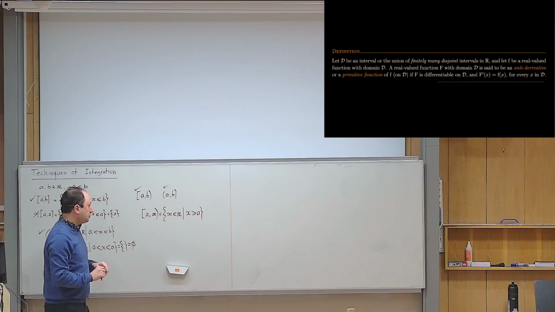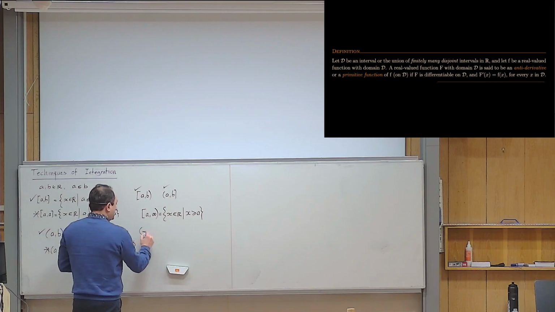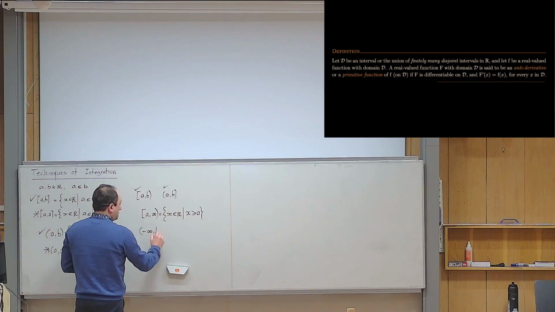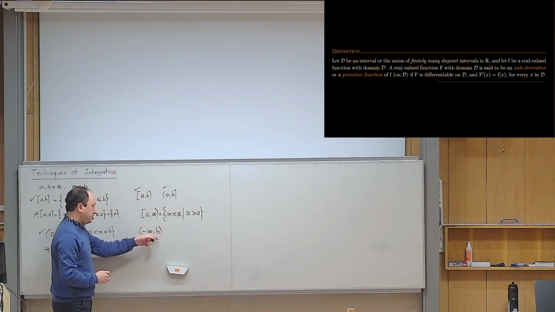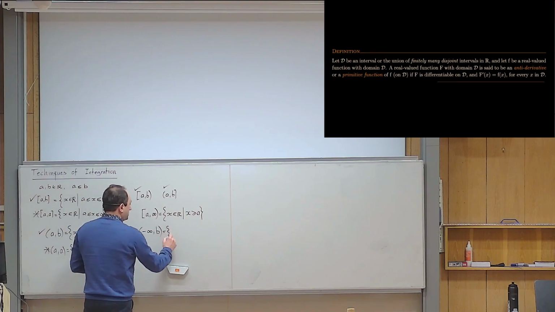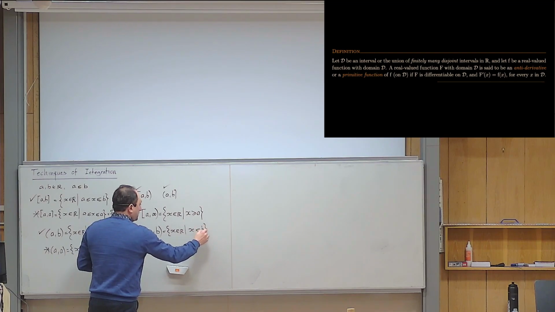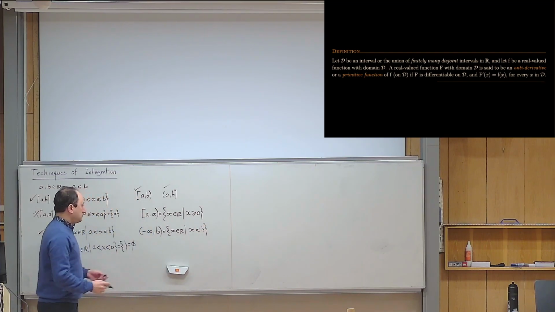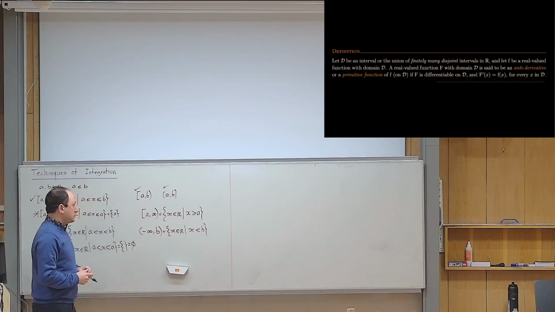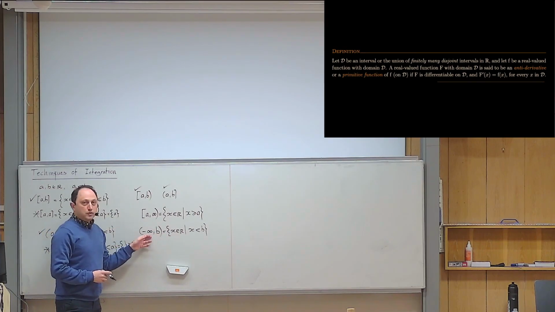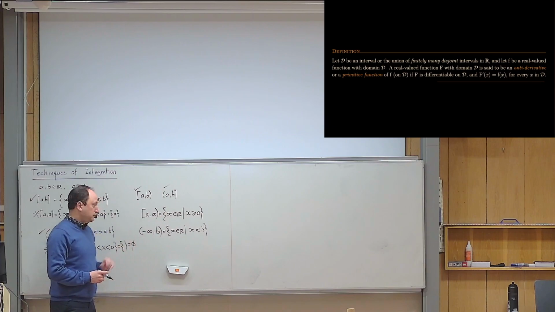You can consider this scenario, for example, minus infinity up to b. Let me put parentheses here. This means that this is x in R such that x is less than b, and it is not including b because I've put these parentheses here rather than square brackets. This is also an interval, but it is bounded above and not bounded below.